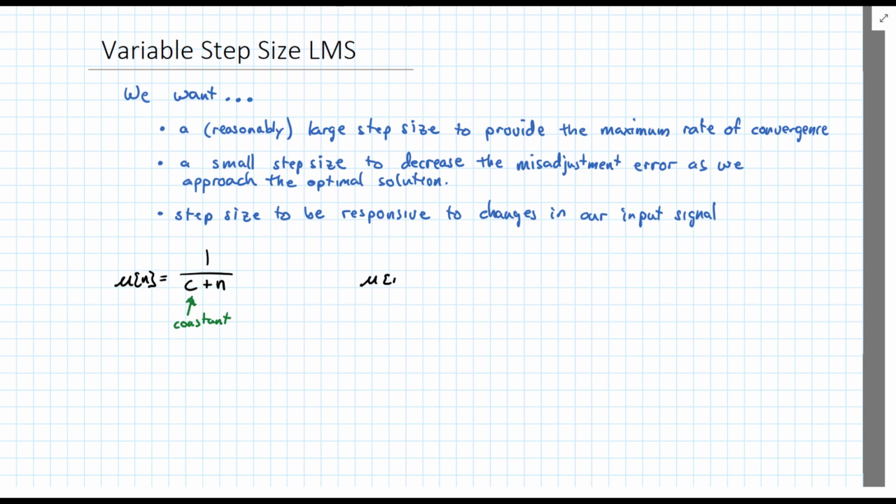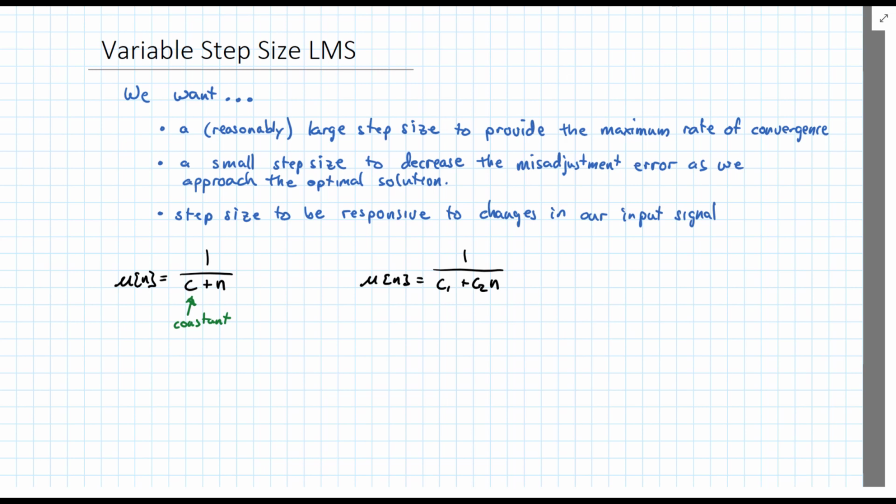So to provide a little bit more control, we can do 1 over c1 plus c2 times n. This will make mu go to 0 faster or slower depending on how we choose c2, but usually we want it to be a little bit slower.